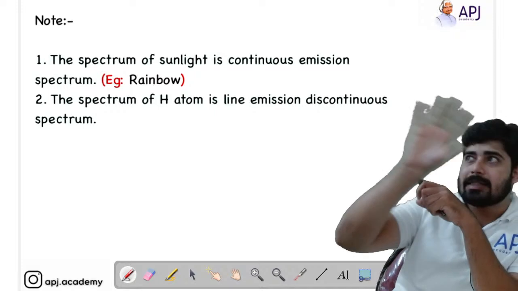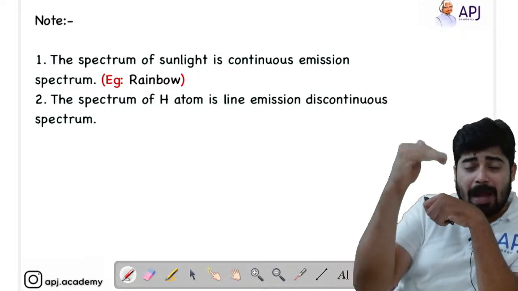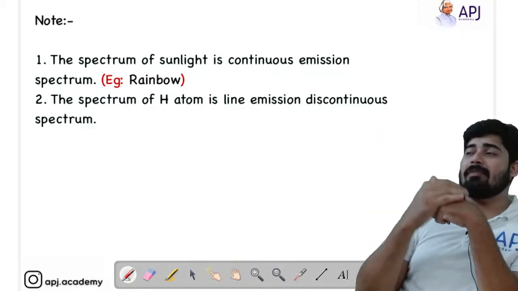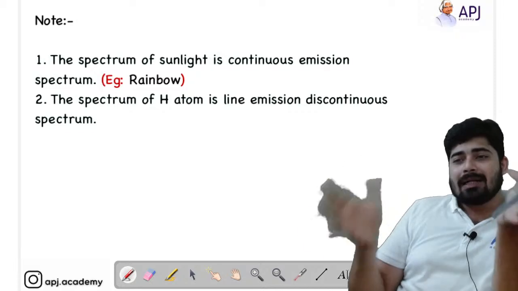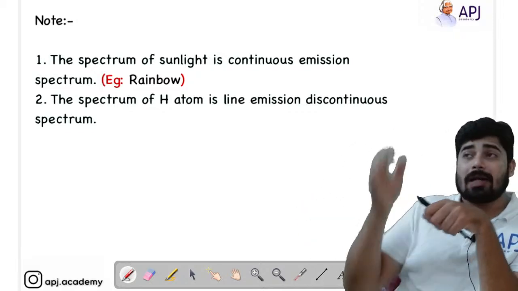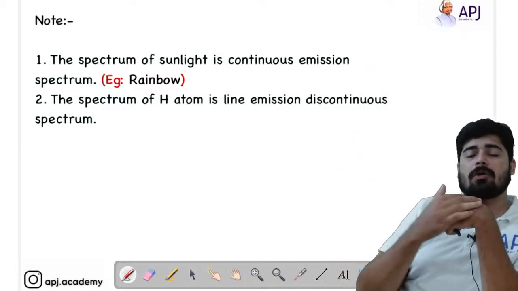We could see certain patterns in the atmosphere, and these patterns contain 7 colors, and we call them a rainbow. And understand, this rainbow is an emission spectrum of sunlight or emission spectrum of sun. We could see the VIBGYOR.